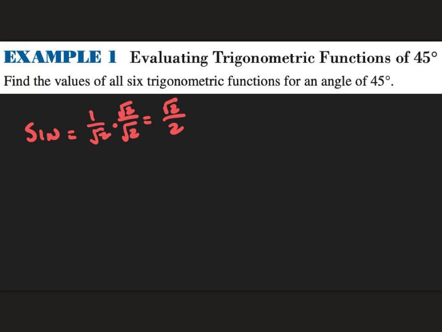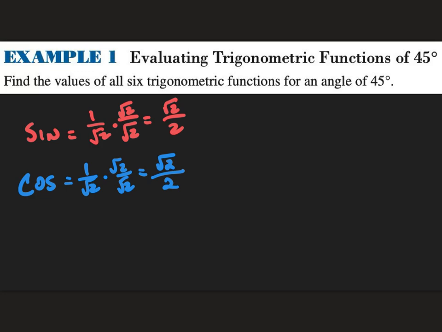Because a root times a root, they cancel out, and I'm left with what's under there. So the cosine is the same length, 1 over root 2, but I have to get rid of the radical in the bottom, and that gives me root 2 over 2.